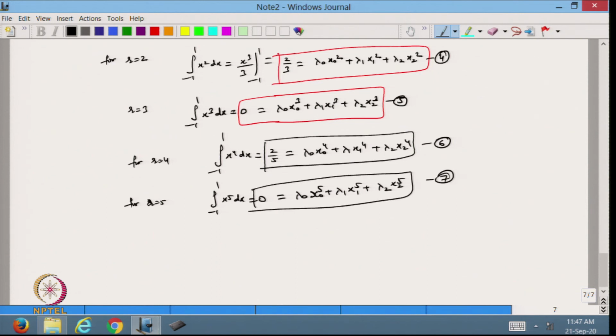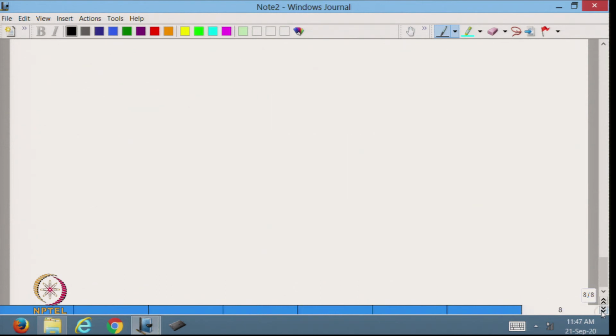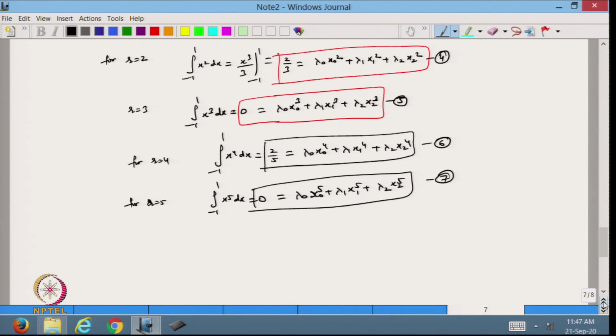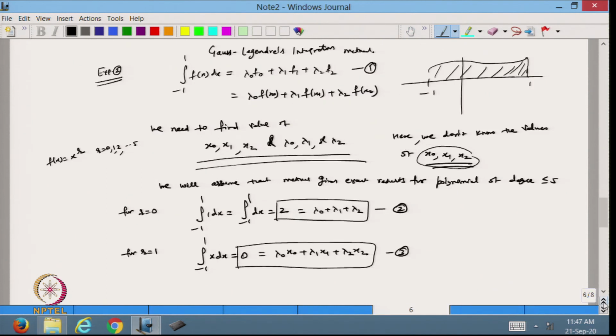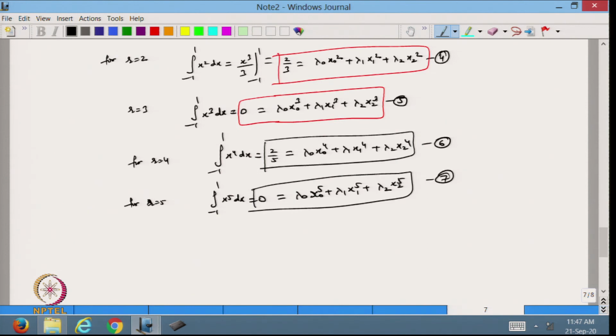Now, from here we have 6 equations and 6 unknowns.